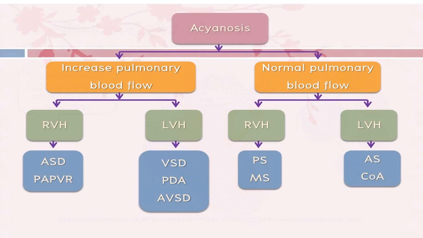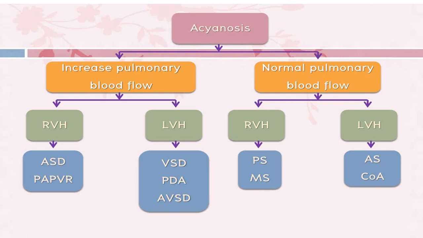Increased blood flow will give rise to RVH like ASD, and LVH in case of VSD, PDA, and atrioventricular septal defect. By and large, with normal blood flow and RVH, it will be an obstructive disease, which will be pulmonary stenosis or mitral stenosis, which can be congenital, and it will give rise to LVH in case of aortic stenosis and coarctation of aorta.